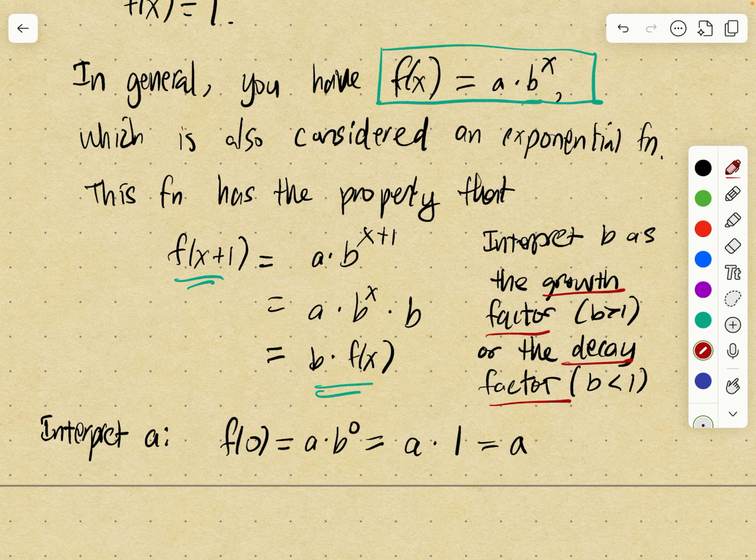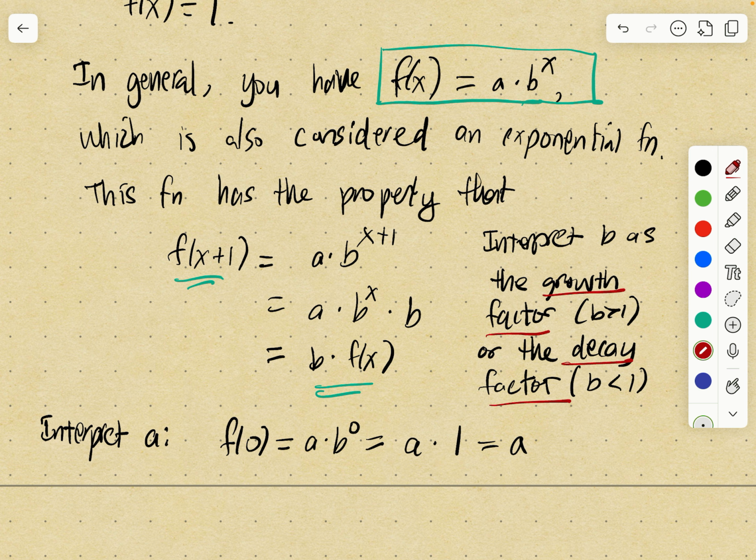So whatever b is, whenever x increases by 1, your y value gets multiplied by b. That's how you can interpret b. So that's why it's a growth factor or decay factor. Okay. So that's how you interpret b in your a times b to the x.